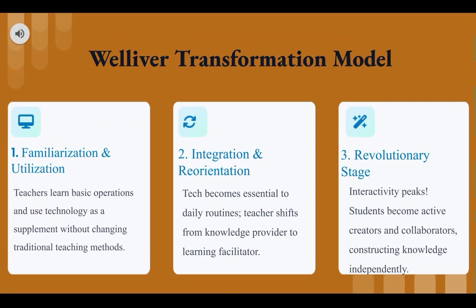True interactivity peaks in the final 2 stages, reorientation and revolutionary, where technology ceases to be a fancy electronic chalkboard and instead redefines the student's role from a passive listener to an active creator.